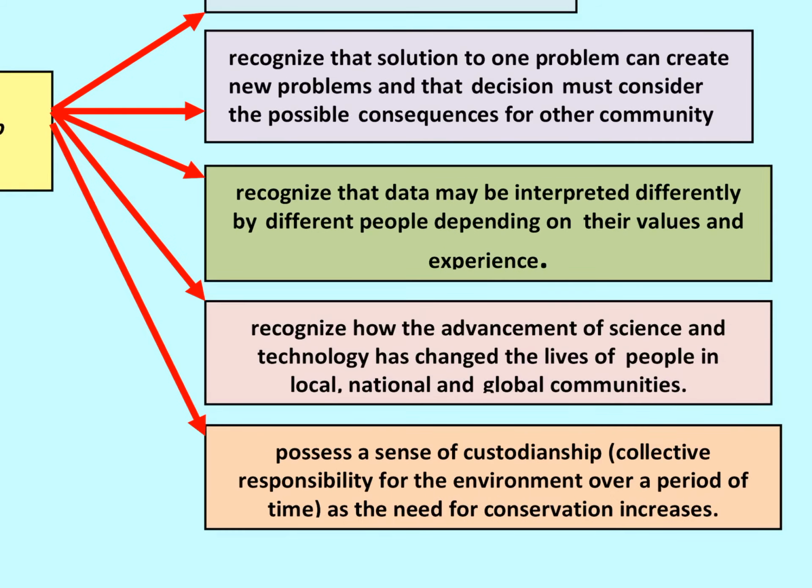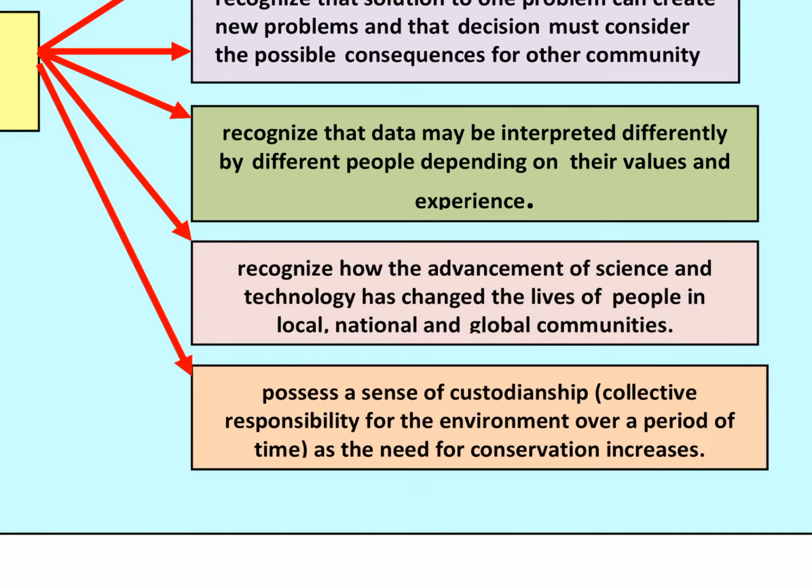And this goal 2 further emphasizes that the learner, while learning science in the school, should be able to recognize how the advancements of science and technology have changed the lives of people at the local level, national level and global level. This is simple.